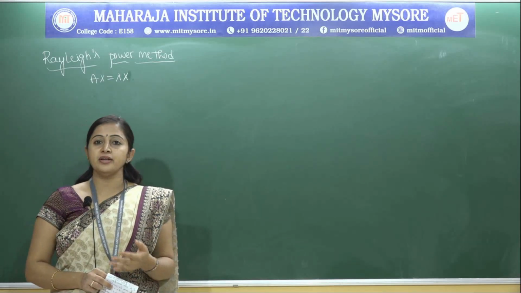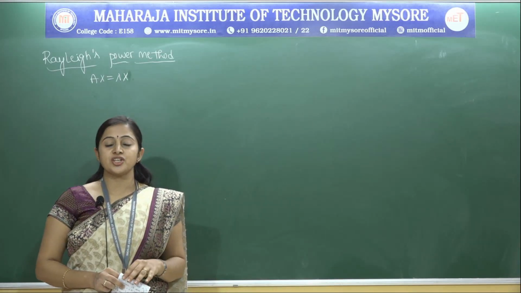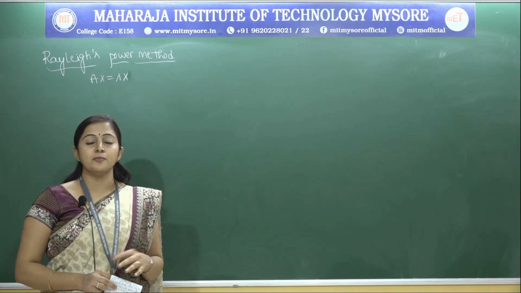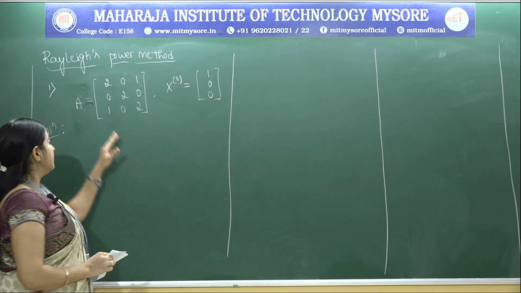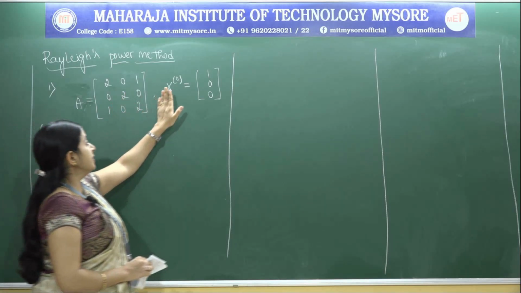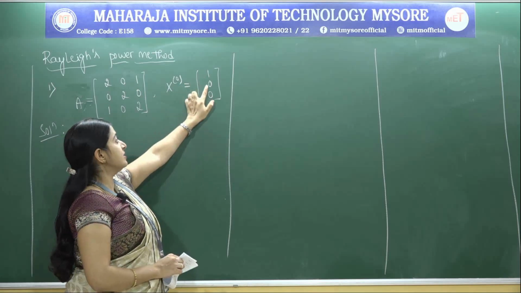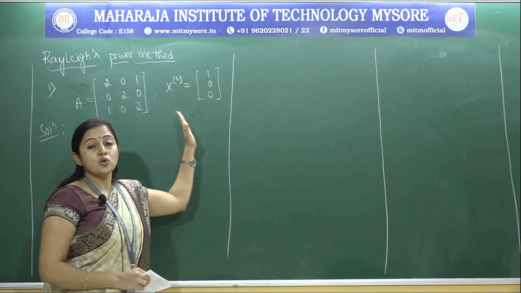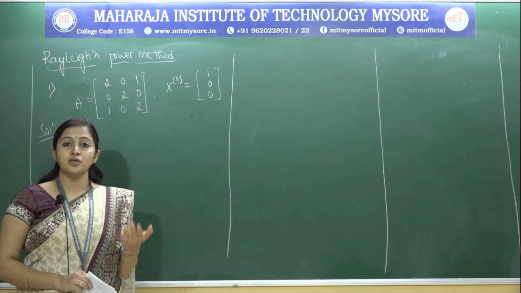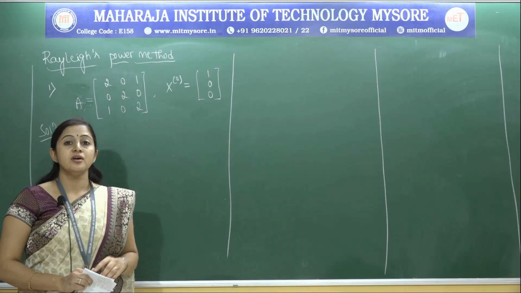But in Rayleigh's power method, we use matrix multiplication with the initial matrix that is given in the problem. The first problem, given the matrix of order 3 cross 3, this is the matrix, and the initial matrix is 1, 0 and 0. So in this problem, you have to find the largest eigenvalue and the corresponding eigenvector.